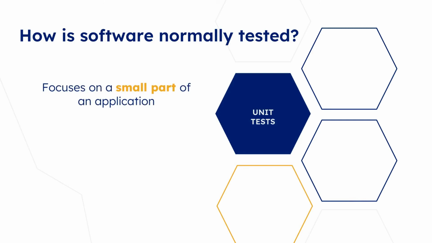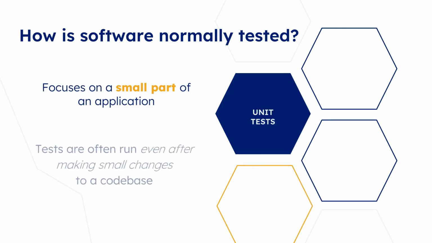Unit tests are a type of test which focuses on a small part of an application. The unit might be one or many classes or functions. These tests are often run by an individual developer frequently after making even small changes to a code base. Unit tests can also be run as a part of a CI/CD pipeline.